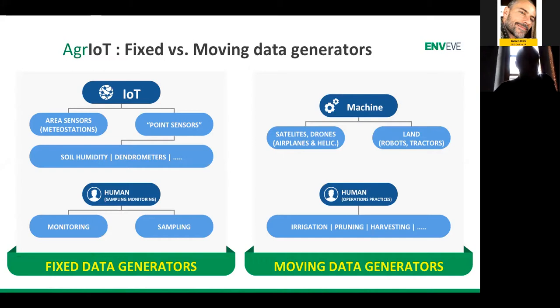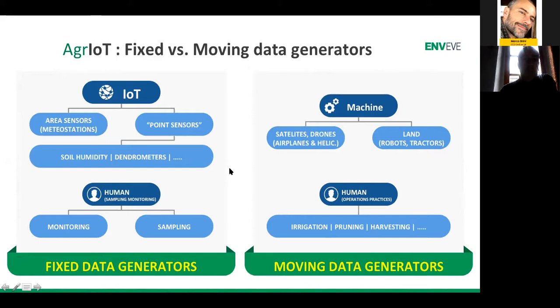We consider that area homogeneous, and we put one metastation. Versus point observations, there we put sensors which can be soil humidity, dendrometers, and we explore these areas. The machines, for instance, satellites, drones, land machines such as tractors, robots, these are among the moving data generators.